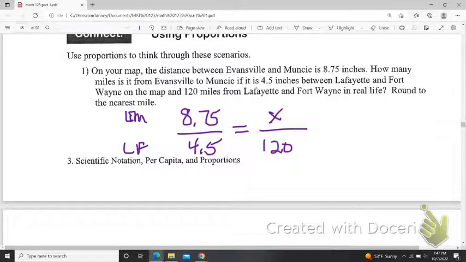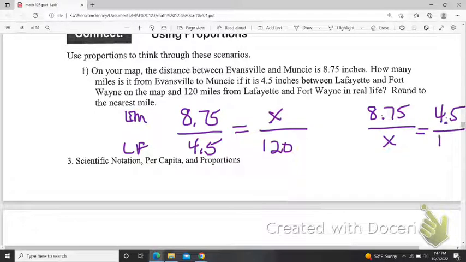Okay, I also could have done 8.75. I don't know how much in real life. 4.5, I know represents 120. Notice in both cases that my cross products are the same. So when we do 8.75 times 120, I get 1,050.